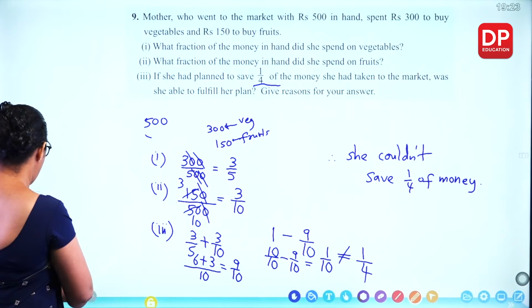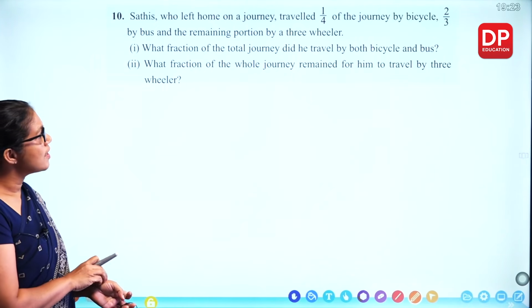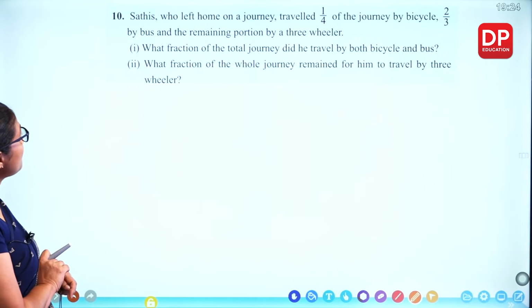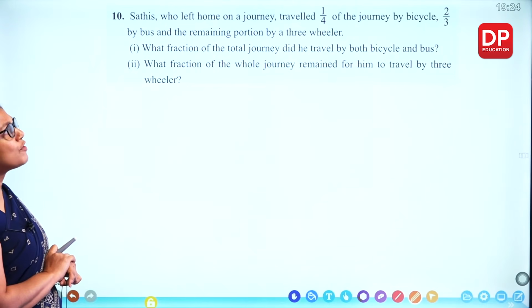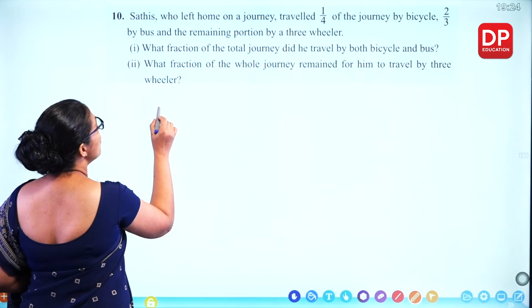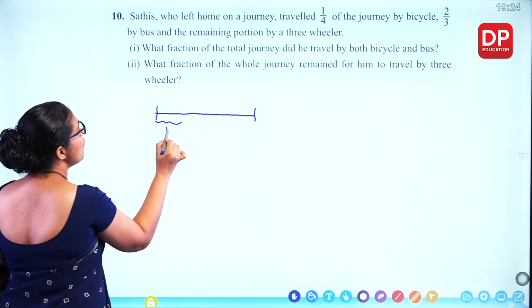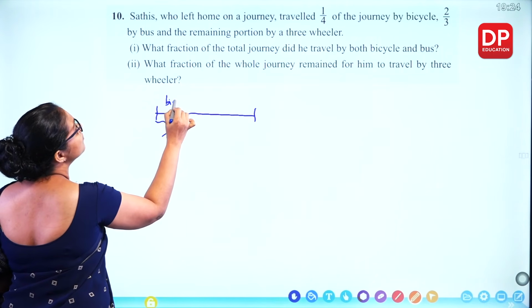Now we'll move to the last question in your textbook revision exercise. Satish, who left home on a journey, travelled 1/4 of the journey by bicycle. So, if you take the whole journey like this, he travelled 1/4 of that using a bicycle.